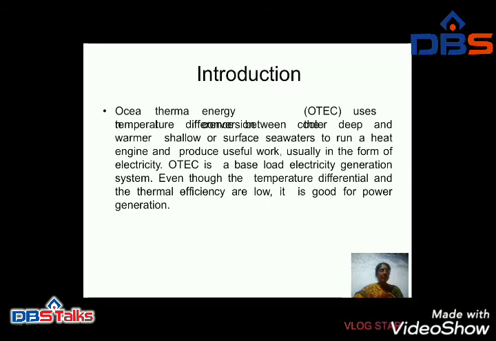That means OTEC, ocean thermal energy conversion, is a process that can produce electricity by using the temperature difference between deep cold ocean water and warm tropical surface water.